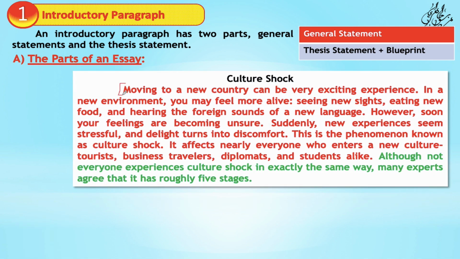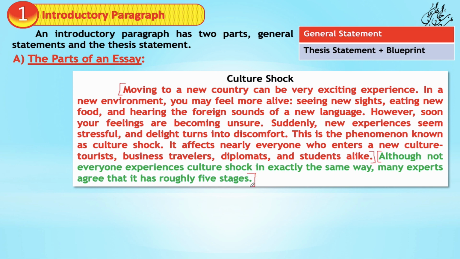From "movie" to "the students alike" is a general statement, because it is full of a broad idea until it becomes specific, until reaching the topic in the last sentence, which is the thesis statement, from "although" till "roughly".